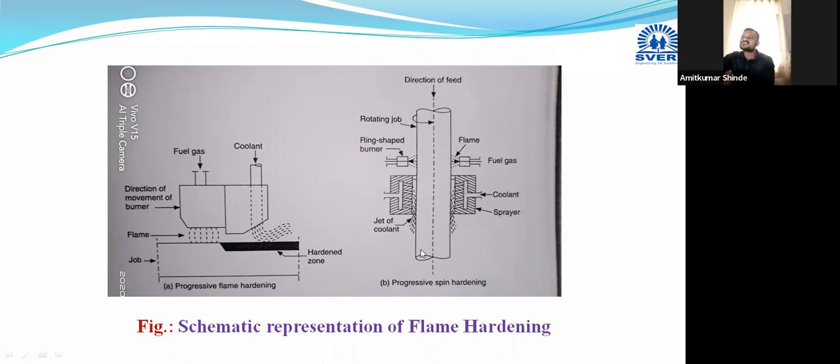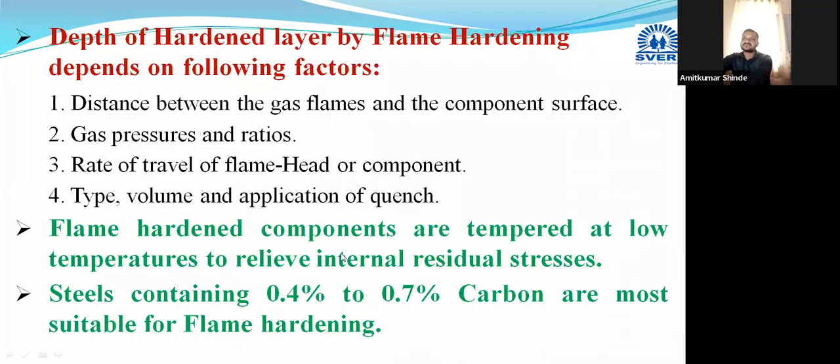The workpiece is rotating, and the flame and the coolant are in a progressive arrangement. This will be progressive spinning flame hardening. These are the four types of flame hardening.